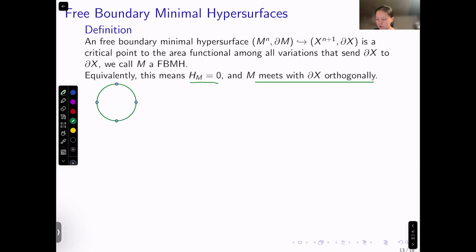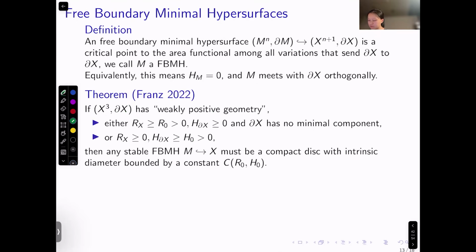Aside from the geodesic disk on the equator, we also have this classical example of the critical catenoid that also intersects the ball at angle 90 degrees. So we want to look at these minimal hypersurfaces inside a manifold with boundary.